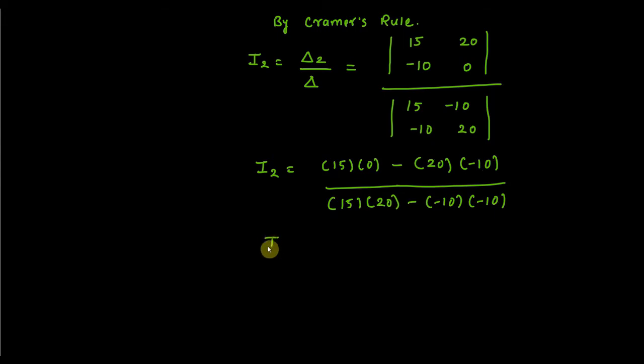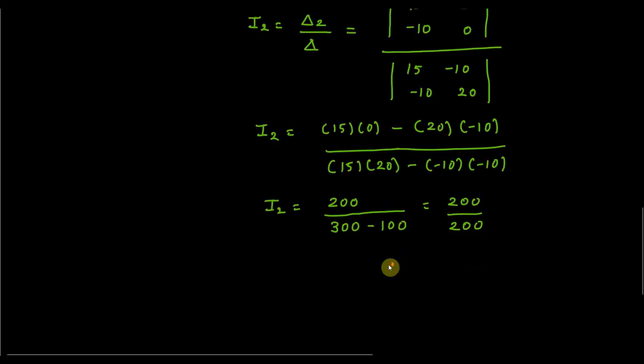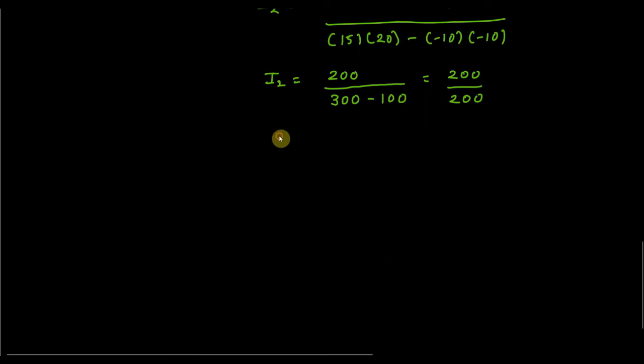Fine. So this will be 0, this will be 20 into 10, so it is 200, this will be 300, this will be minus 100, so it is 200 by 200. Fine. So the value of the current I2 comes out to be 1 ampere.